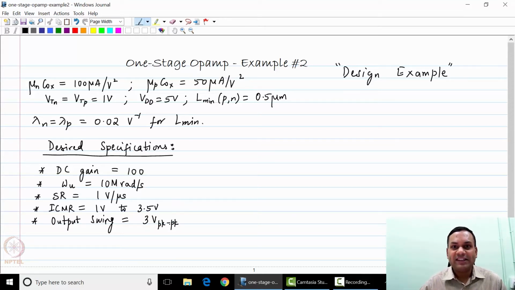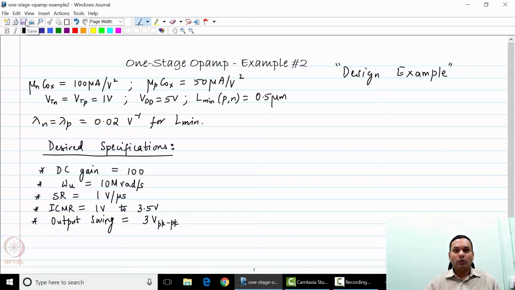So if the DC gain is more than 100, that is fine. So you need a minimum DC gain of 100. You need a minimum omega u of 10 megaradian per second. You need a minimum slew rate of 1 volt per microsecond. These are the required minimum input common mode range. The common mode range can be wider if required. And finally, the output swing, minimum swing required is 3 volt peak to peak.